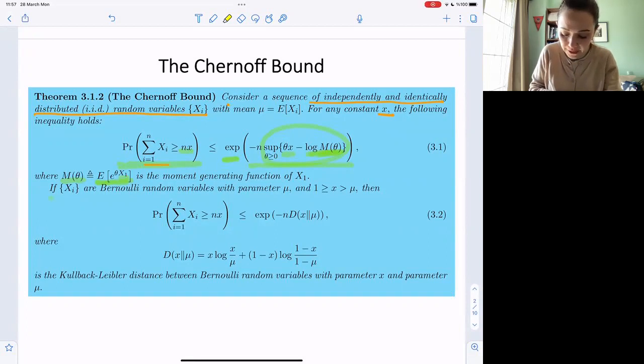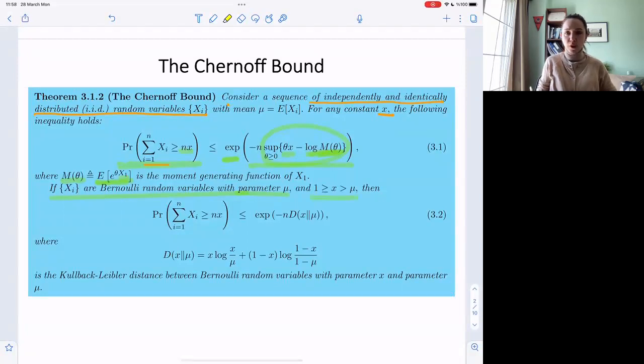Now, in the specific case that the xi's are Bernoulli random variables with parameter mu, in which case you know that the mean is mu, and x is between 1 and mu, then the probability that the sum of xi's exceeds n times x is upper bounded by e to the power minus n times d(x||mu), the distance between x and mu.